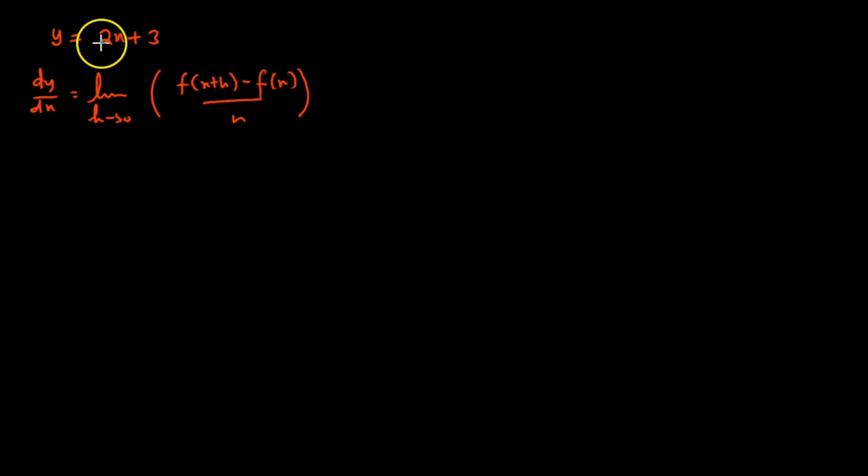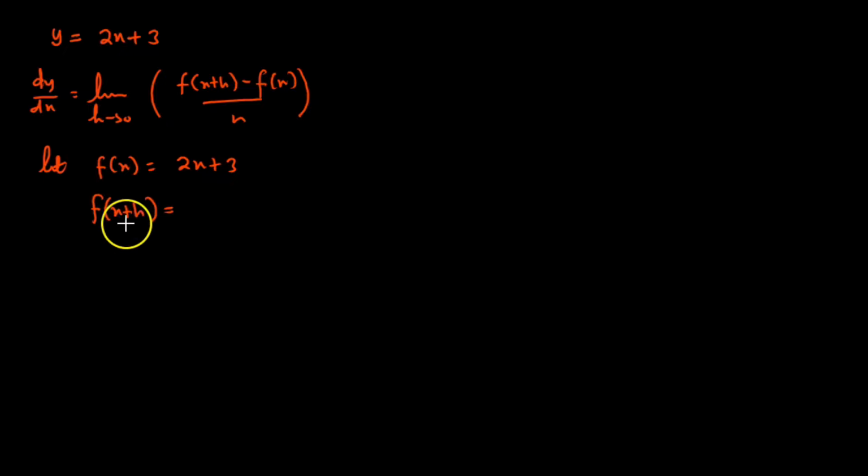So from our function given to me, when we are asked to determine from first principle the gradient of this curve, then we can say that let f of x equal to 2x plus 3. And per the relation we've established from first principle, we need to also know f of x plus h.